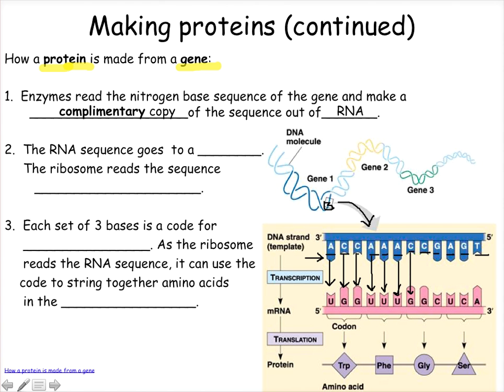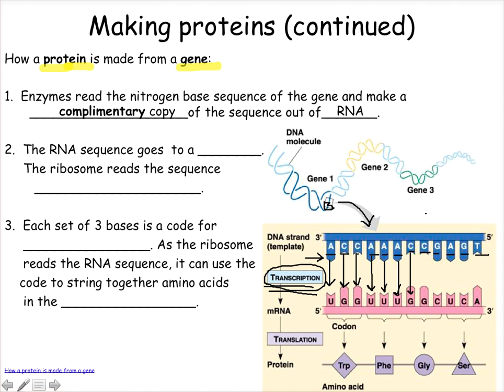This process, where the original DNA strand is copied into an RNA sequence, is called transcription. The purpose of making this RNA copy is so that we can move the information out of the nucleus.